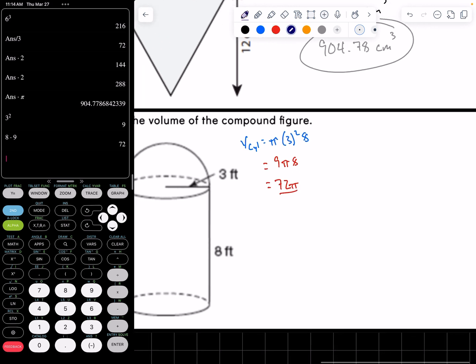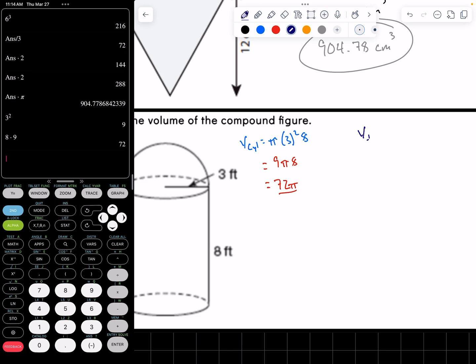And then my hemisphere, that's going to be 1/2 times 4 pi 3, not squared, cubed, over 3.